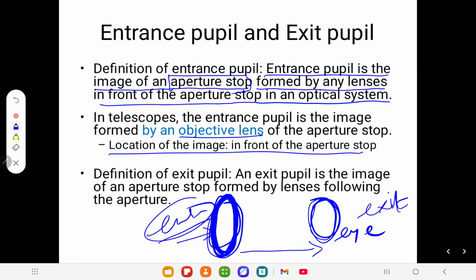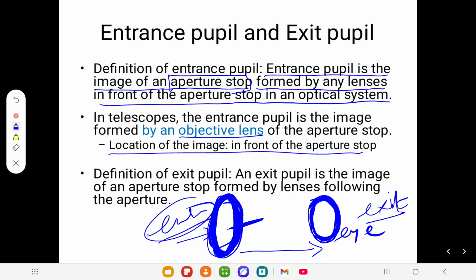I'm again repeating it: the image of the objective lens made by the eyepiece is known as the exit pupil. In the case of a telescope, the entrance pupil and aperture stop are both the same thing, which is the objective lens. So that's the definition of entrance and exit pupil in the case of a telescope.